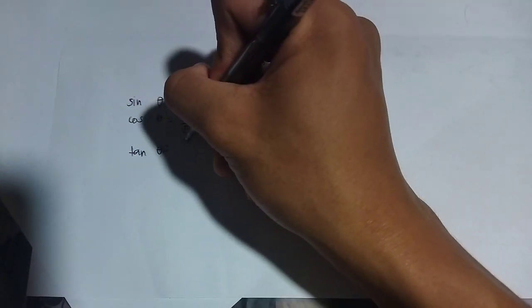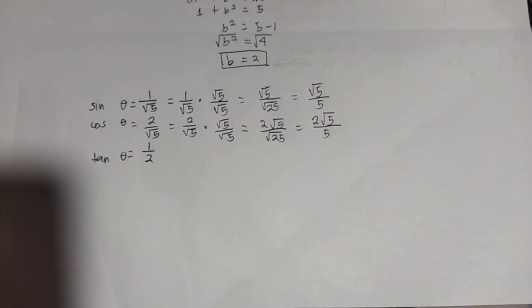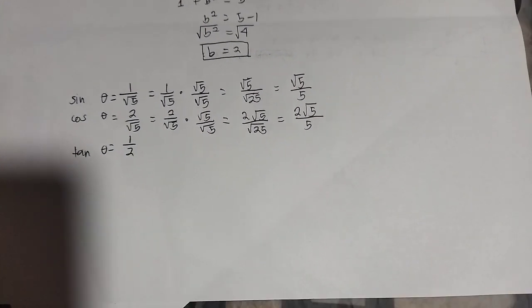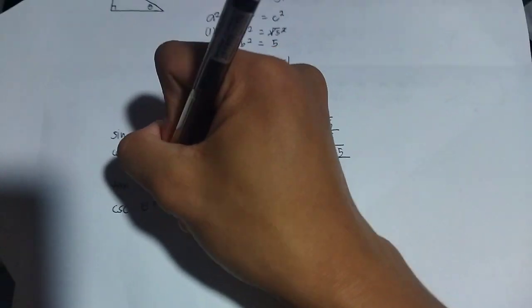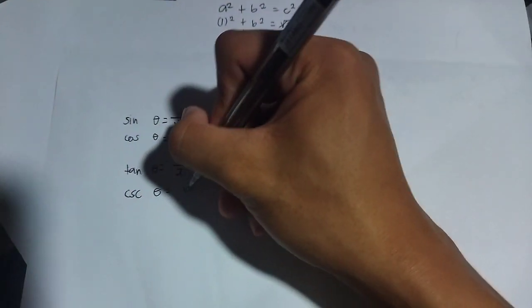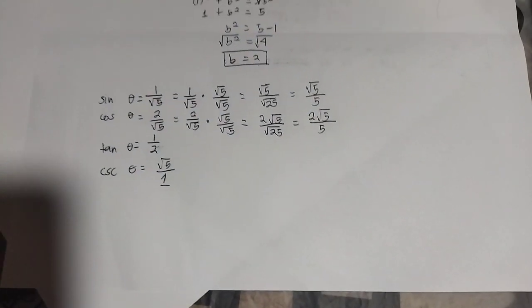Next is tan theta. So we have 1 over 2 or 1/2. Next is cosecant. So we have square root of 5 over 1.